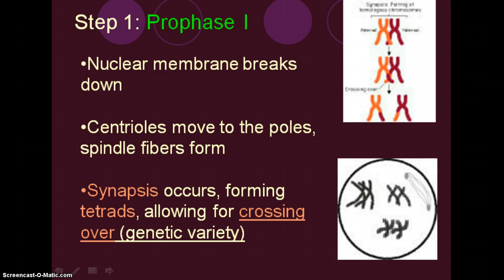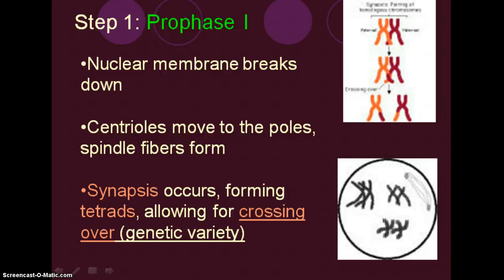So I'll give you a couple definitions of what the synapses and tetrads and crossing over are. Basically, crossing over just allows for genetic variety. Otherwise, we would have so many similarities to our parents or even our siblings, whereas when we have crossing over, it allows for some extra variability among individuals.